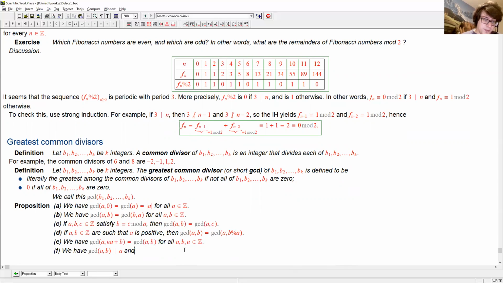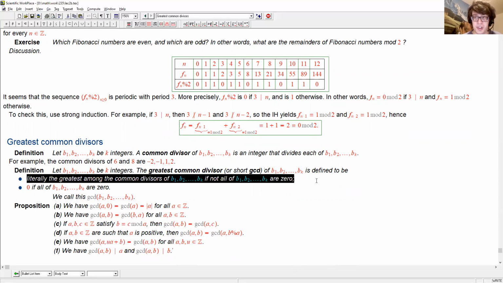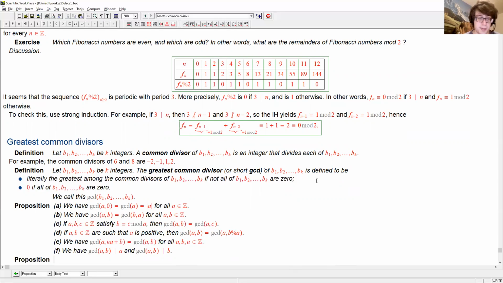Next, this is really obvious. The GCD of a and b is a divisor of both a and b. It follows from the definition if they're not all 0, and if they're all 0, you can just check it. Next, this is seventhly. This is saying the GCD doesn't change if I replace any of the arguments by its negative.